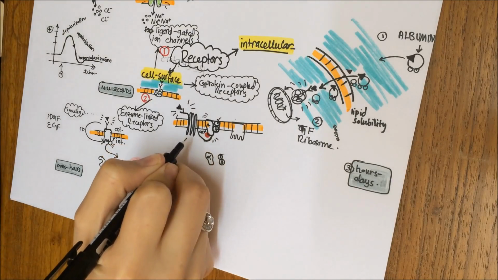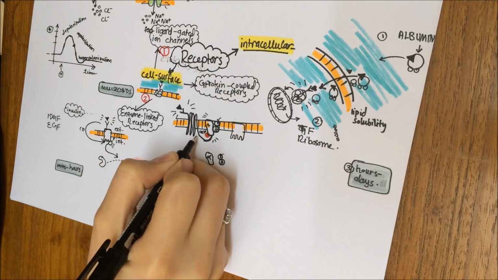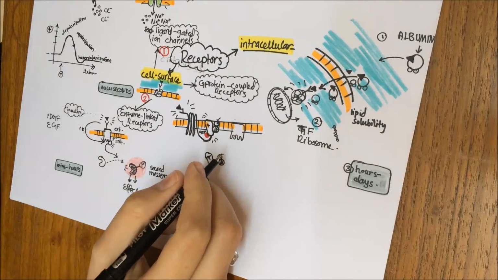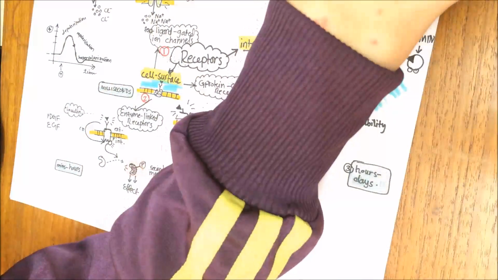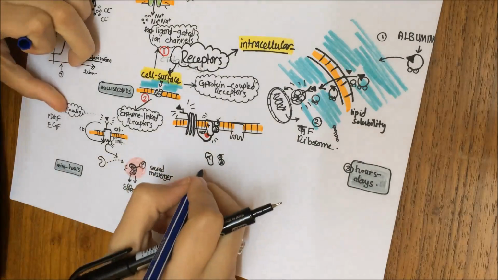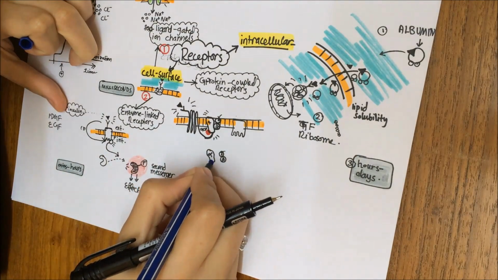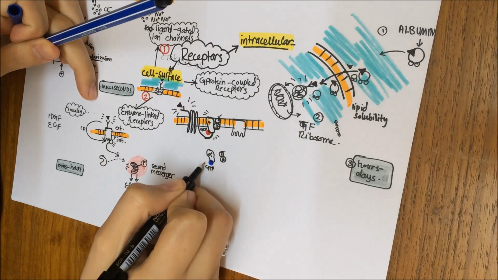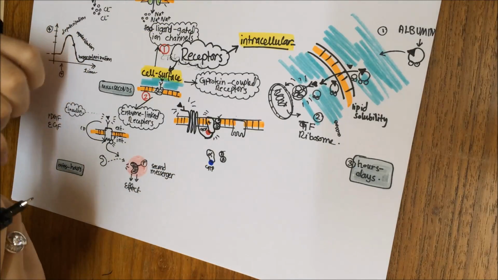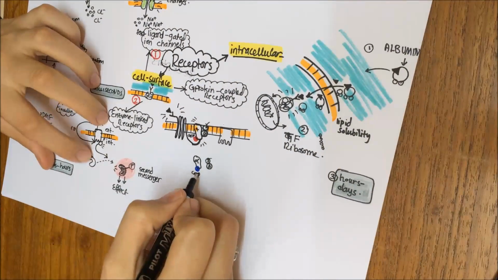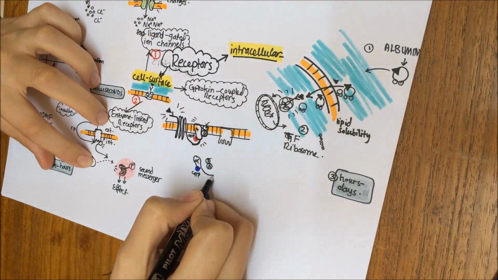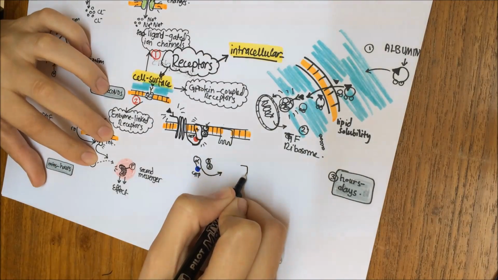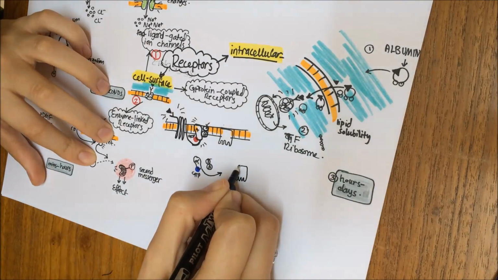When this G protein coupled receptor is active, this GDP on the alpha subunit is replaced by a GTP. Okay, so now we have a GTP. Now this GTP will make this alpha subunit active and movable, and it will come to this part in here.